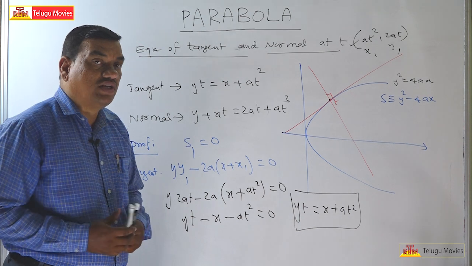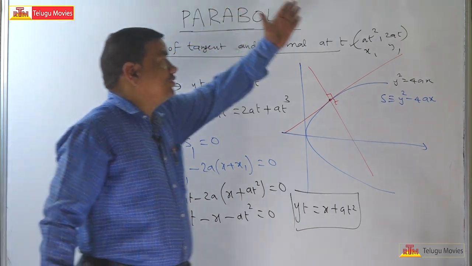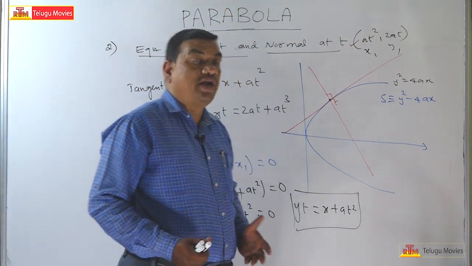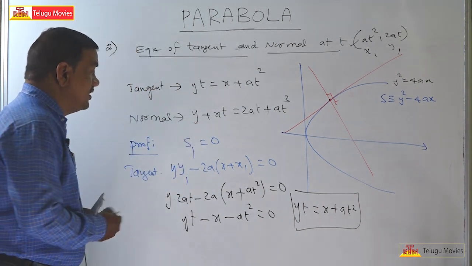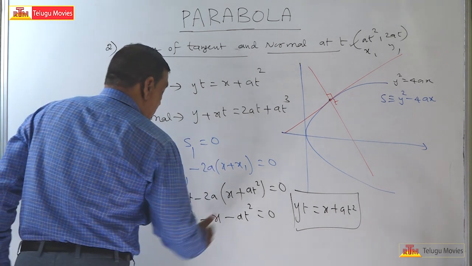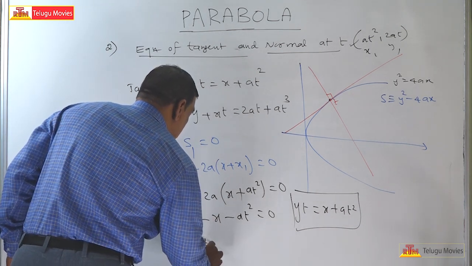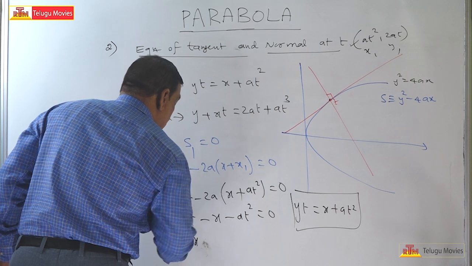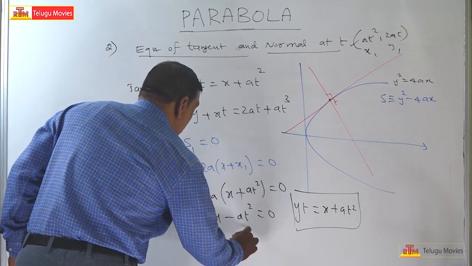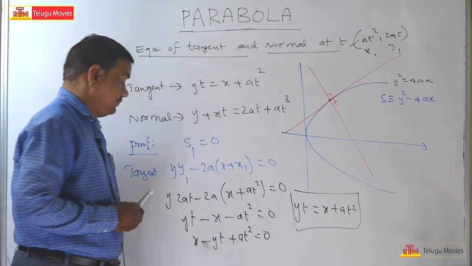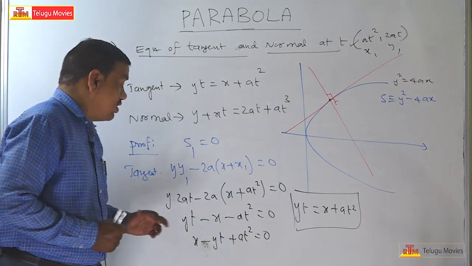To find k, you substitute the point at square comma 2at.